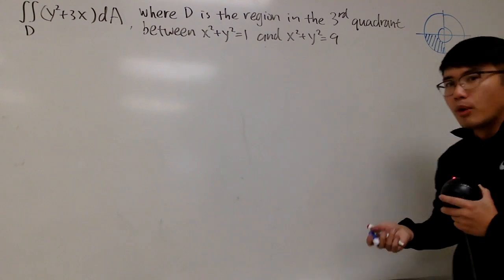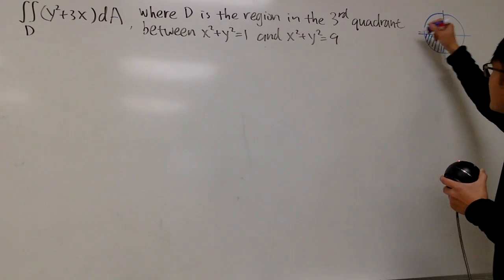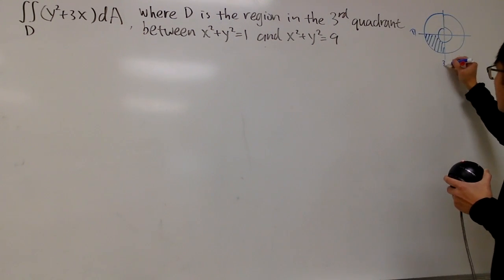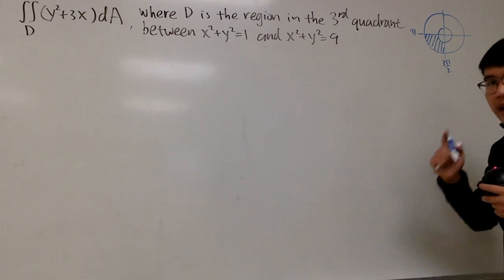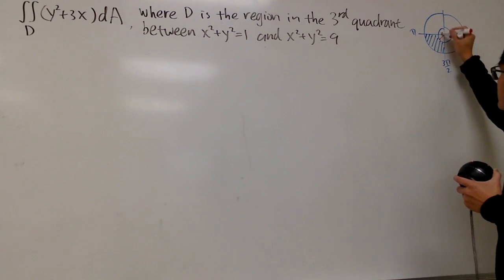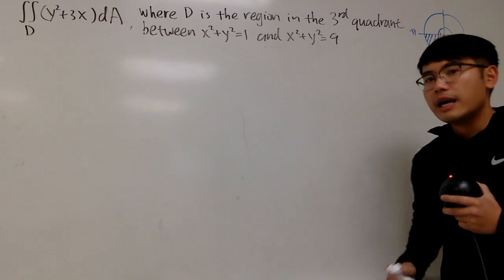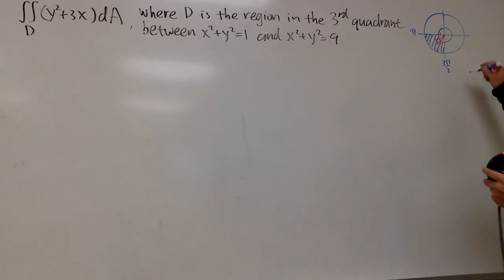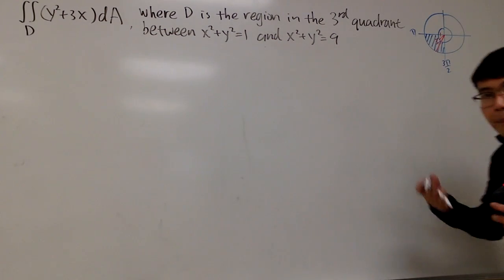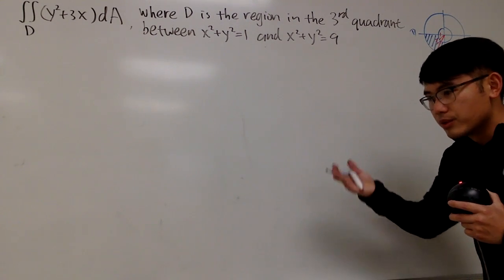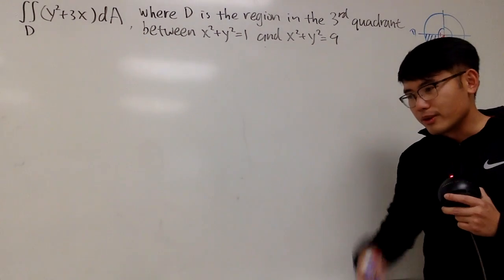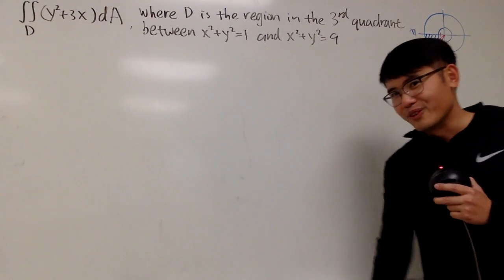And we will be using polar coordinates, so be sure you know theta goes from pi to 3 pi over 2. And then this right here is 1, and this right here is 3. Right? So r goes from 1 to 3. And then the other things that you guys have to know is, remember to change from rectangular, or Cartesian form, to polar form.